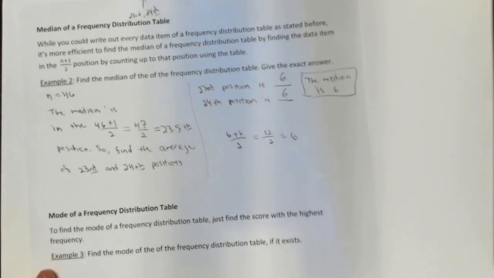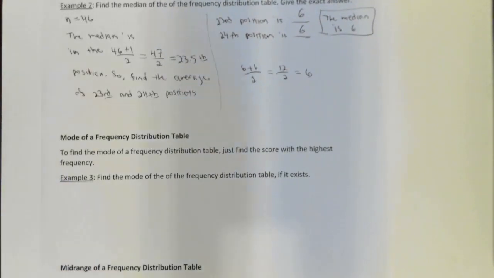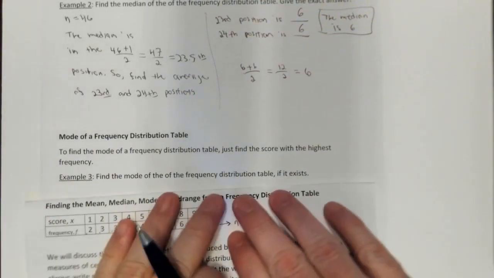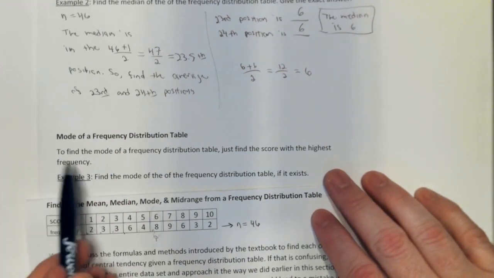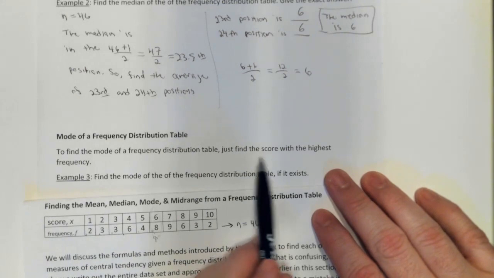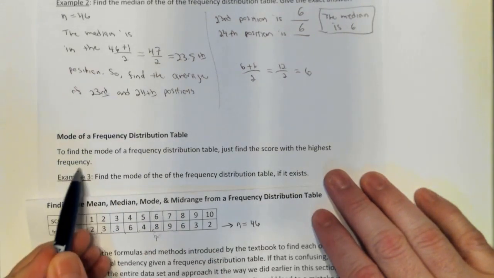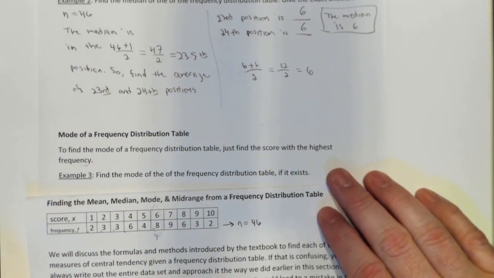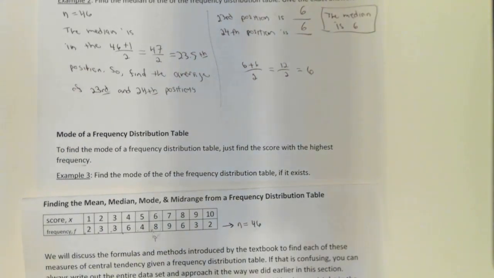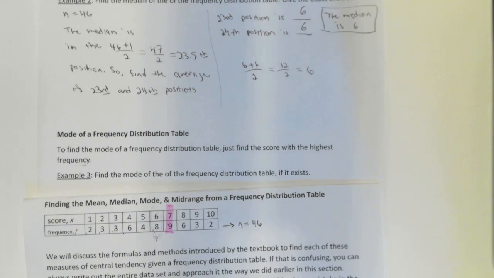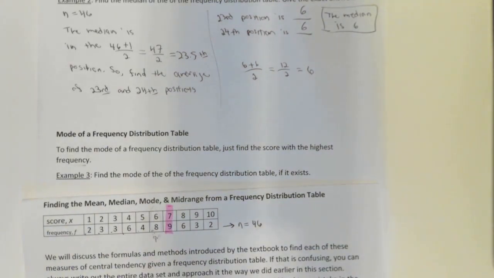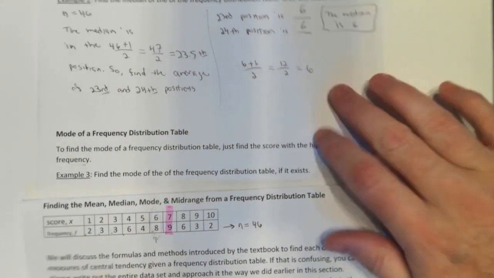Let's move on to mode. We know the mode is the number that occurs the most. All we got to do is find the mode. To find the mode of the table, just find the score with the highest frequency. That's it. So who's got the highest frequency? We look down here. It's 9. 9 is the highest frequency. That's associated with the score of 7.